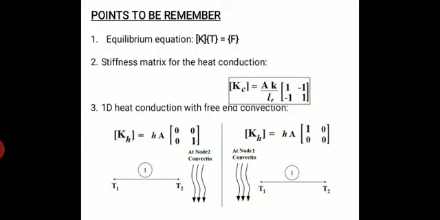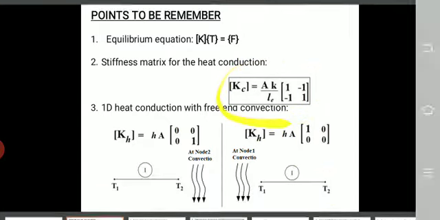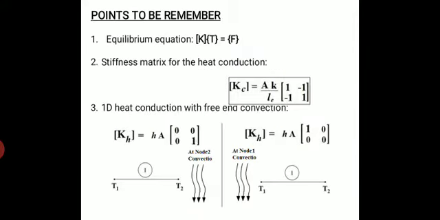Fine. Next, the stiffness matrix for the conduction. We have already derived this: K = AK/L [1 -1; -1 1], where K is the thermal conductivity, A is the area, and L is the length of the component or member, whichever we choose. Now, heat conduction with free end convection.